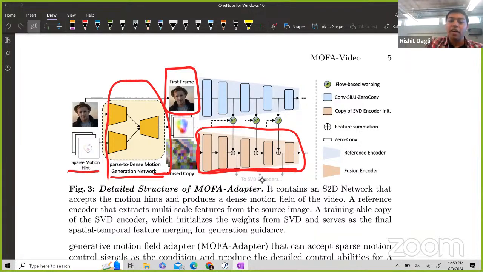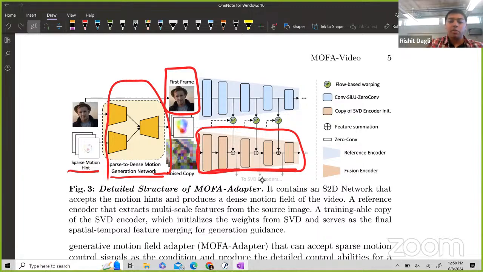What this fusion network essentially does is take the results from warping. Warping is conditioned on the dense motion, and it has the inputs of the first frame.